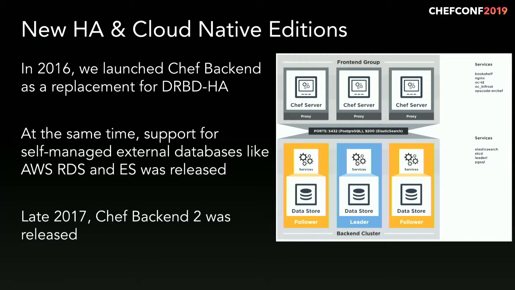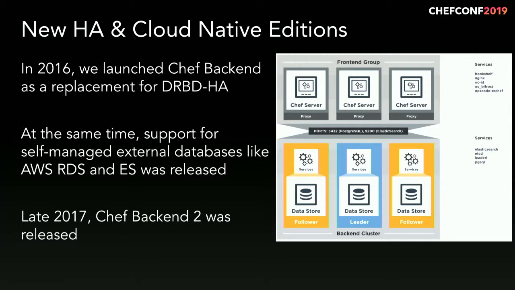Also, as a precursor to that work, the first thing that had to be done was to enable support for external databases in the Chef Server. Because again, the Chef Server had a lot of configuration code that was hardwired for thinking that it managed the database and owned the service. And so peeling all that away required a good bit of work to first enable support for external services.